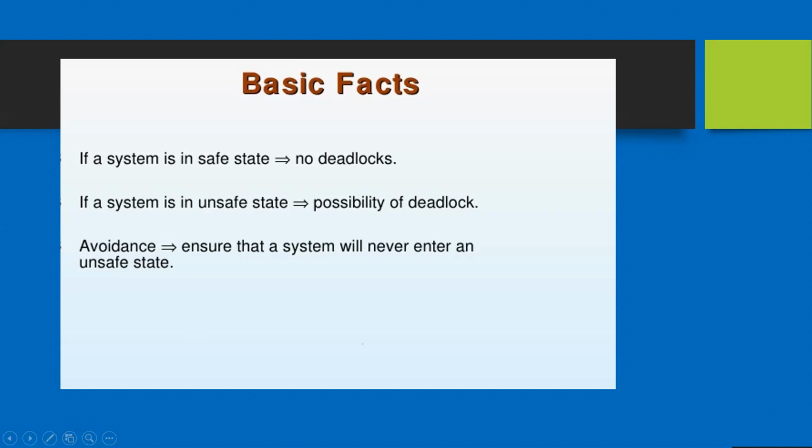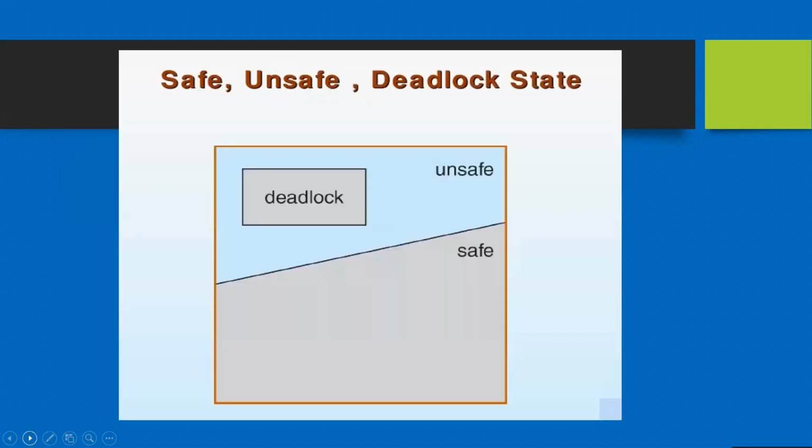Okay. Now, this is a diagrammatic representation. The system is in an unsafe state when a deadlock occurs, and it is in a safe state if there is no deadlock.